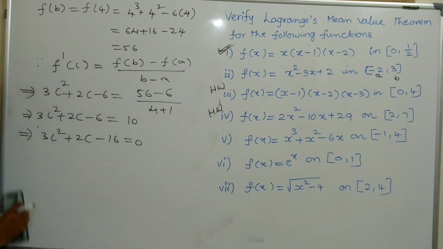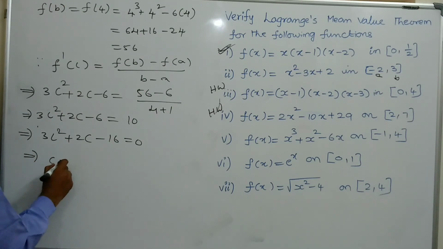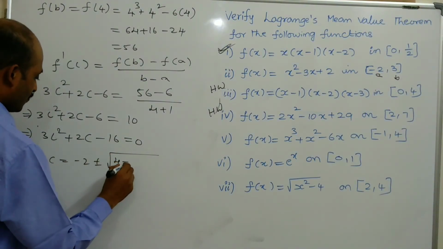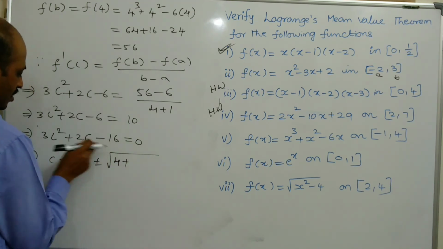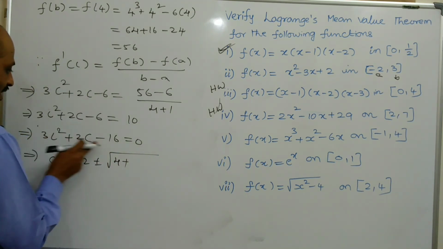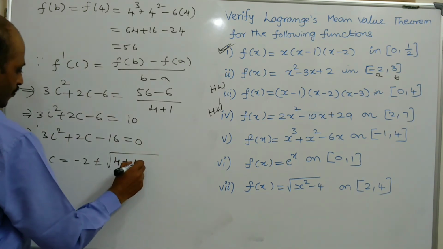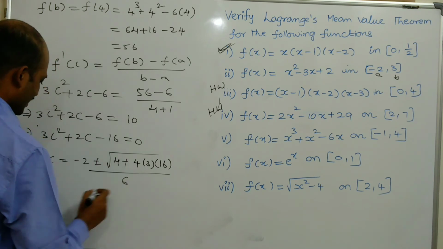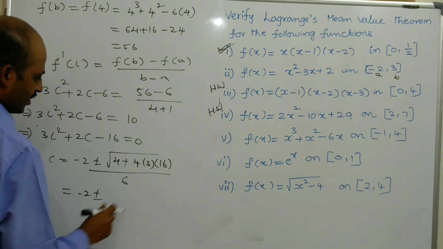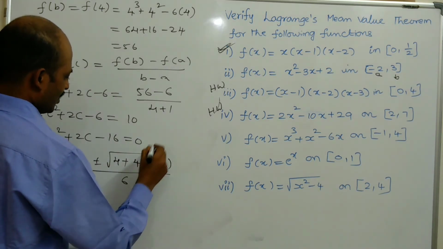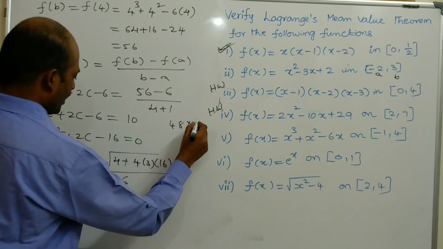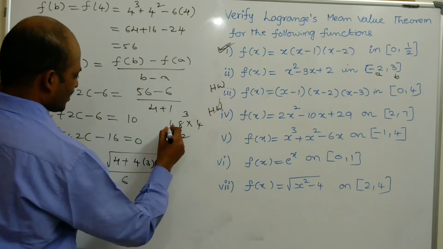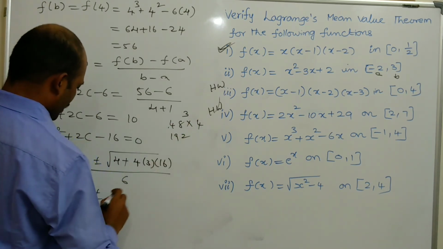Simplify the equation to find the roots. C is equal to minus b plus or minus square root of b square minus 4ac, divided by 2a. That is minus 2 plus or minus square root of 4 plus 4 into 3 into 16, divided by 6. 16 3s are 48, into 4 is 192.